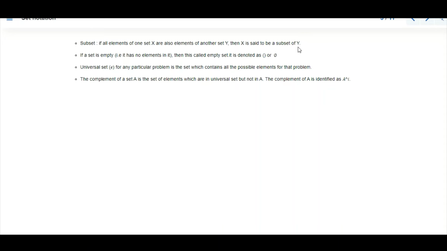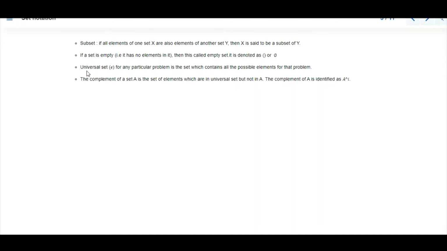If you can find all the objects in X also in the set Y, then X is a subset of Y. Now an empty set means that it doesn't have any element or member, and we can denote that like this. This is another denotation for the empty set.